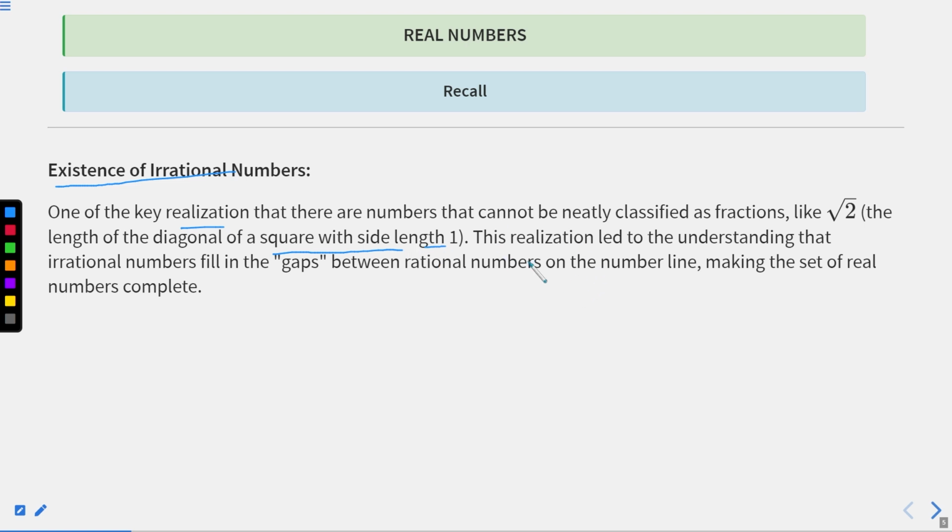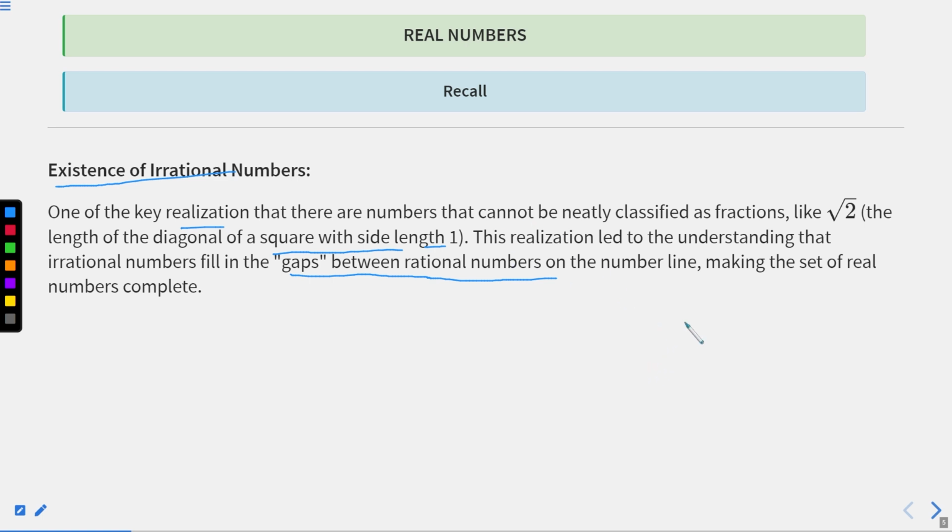This realization led to understanding that irrational numbers fill in the gaps between rational numbers on the number line. Root 2 was discovered by Pythagoras to be an irrational number.